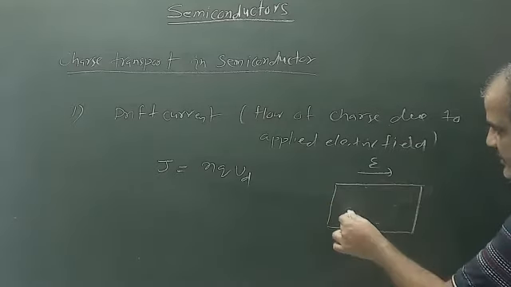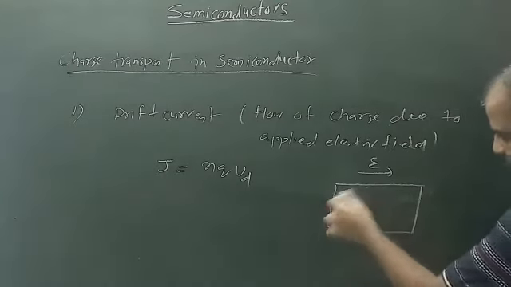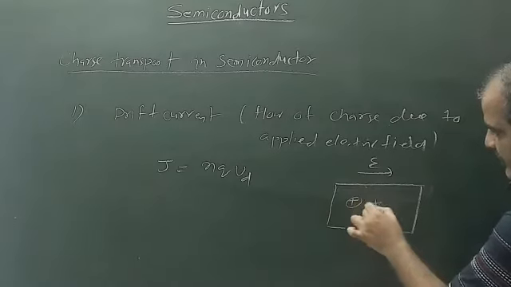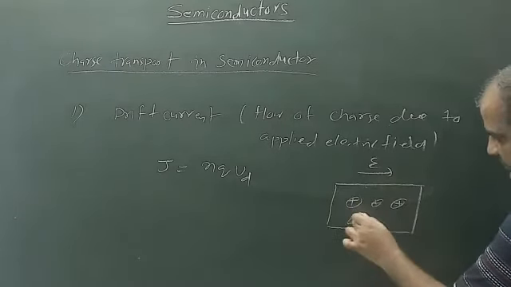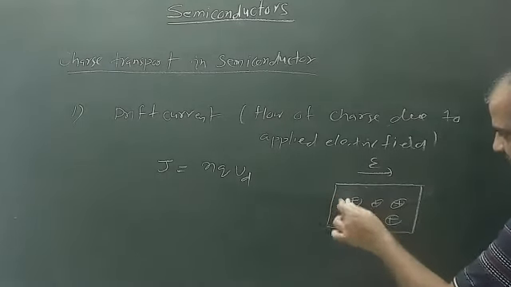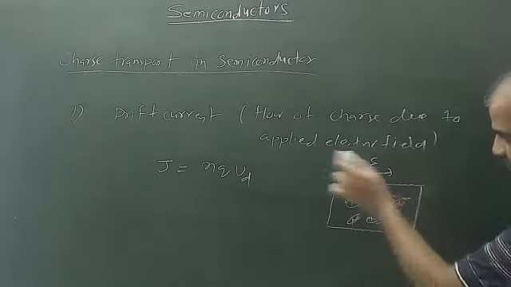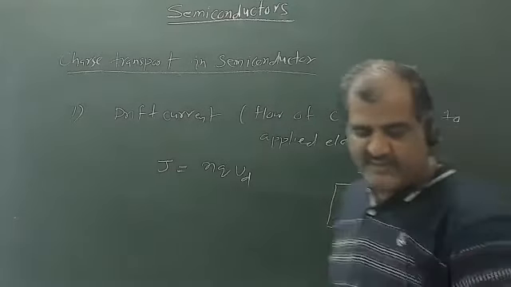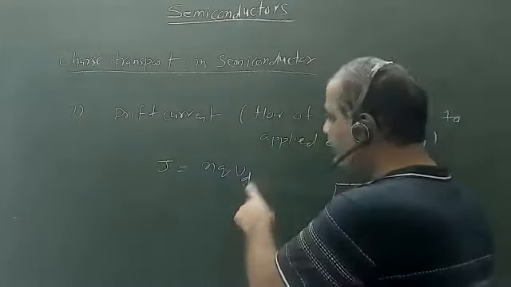Here lattice is also there, so there will be scattering with the lattice, but still they will move with some average velocity. That average velocity is called your drift velocity.